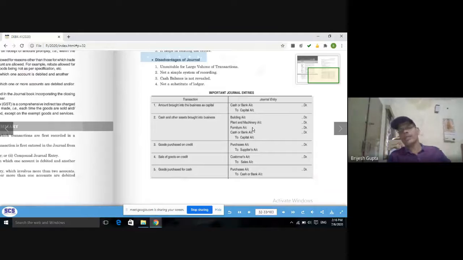So according to real account, debit what comes in. So all these assets will be debited: cash account debit, building account debit, plant account debit, machinery account debit. And total of all this will be the capital. So to capital account. Is it clear?